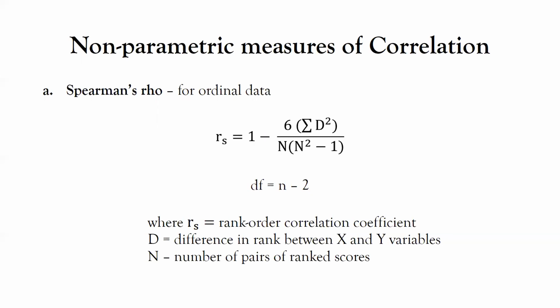If it is not interval or ratio data, you use non-parametric measures. This is similar to chi, if you remember chi. So the first one is Spearman's rho, and which you use for ordinal data.